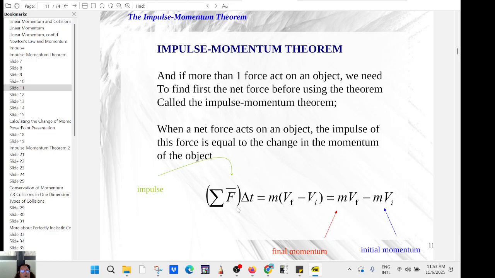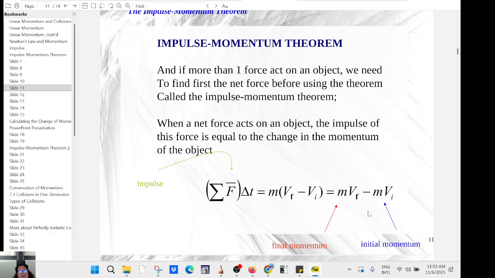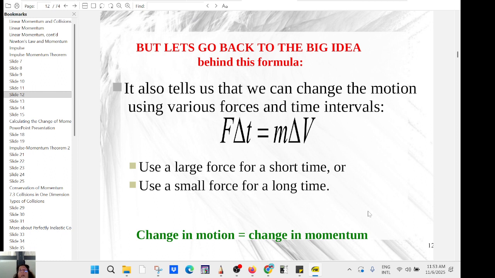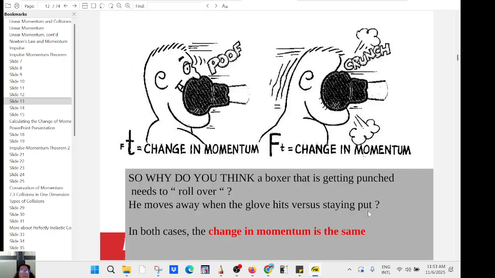So the net force times the time equals the change in momentum. Do you agree? It's easy, right? You apply a force over a time t, the velocity will change. By how much depends on the mass. So for example, in boxing again, for the same change in momentum, let's say someone is knocked on the floor.